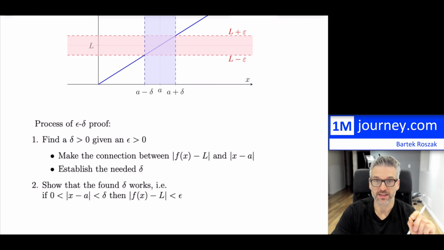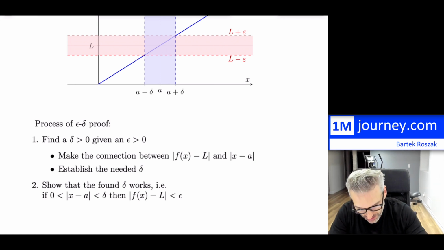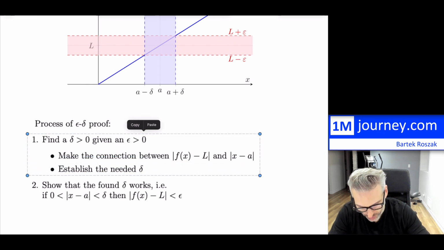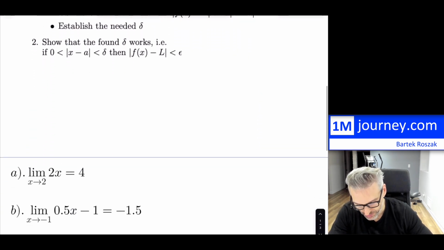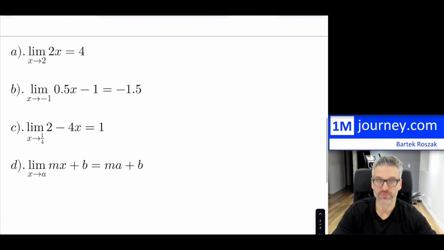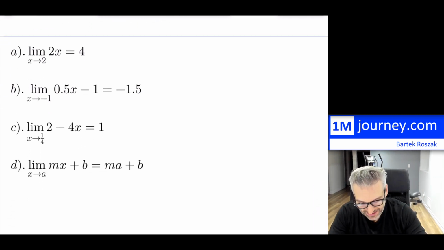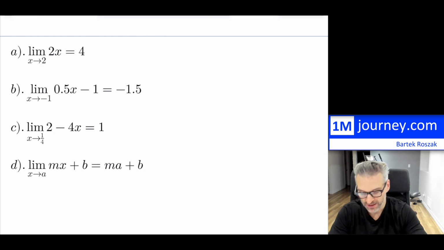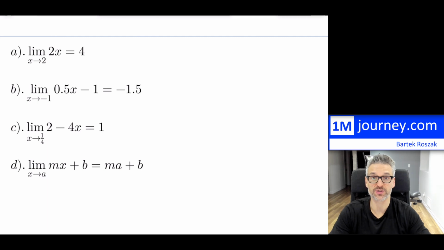All right, let's give this a shot. Step number 1, this is something I'm going to copy, and I'm going to do it on several examples. Here are the examples that you have. Notice that they are all linear. This is the function 2x, so the slope is 2 for this function, and the y-intercept is 0.